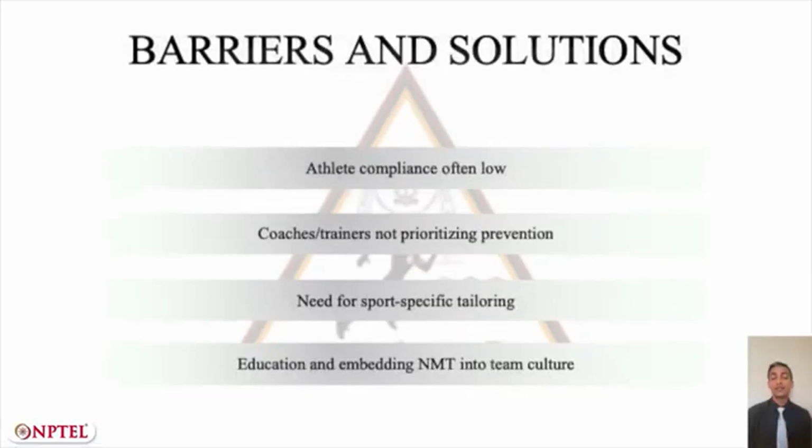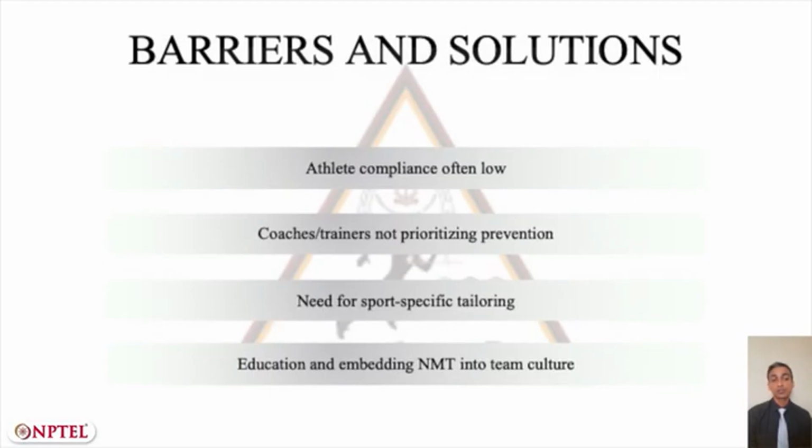In this slide, we will discuss some of the common barriers encountered during rehabilitation. First, athlete compliance is often low. This is because once athletes start feeling pain-free, they tend to abandon preventive or maintenance exercises.